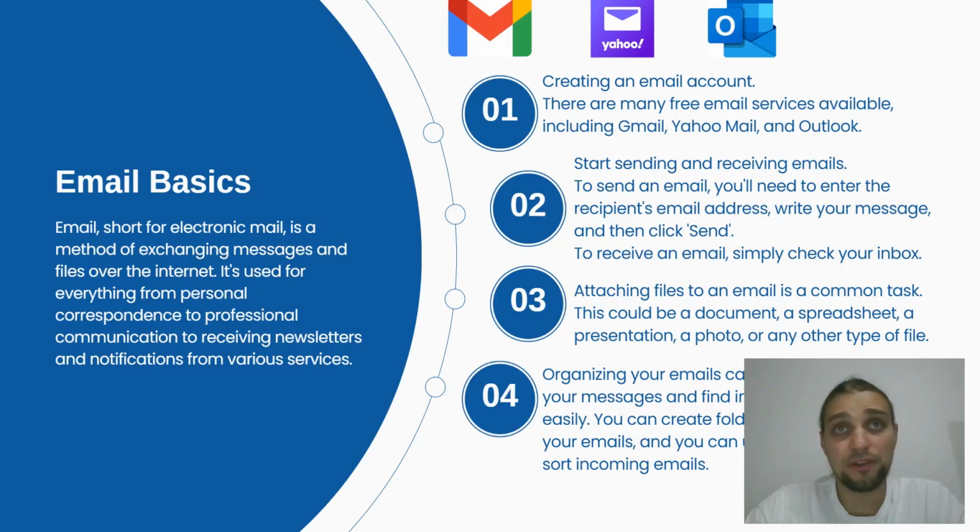You can create folders or labels to categorize your emails, and you can use filters to automatically sort incoming emails. Email itself is a powerful tool, and knowing how to use it effectively is a crucial computer skill. With practice, you'll be able to use email to communicate efficiently and professionally.